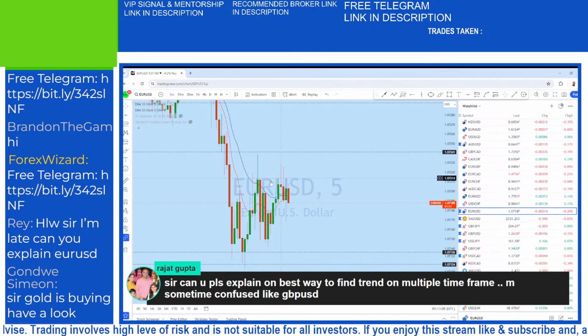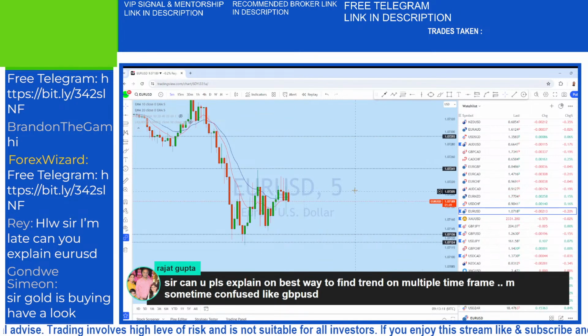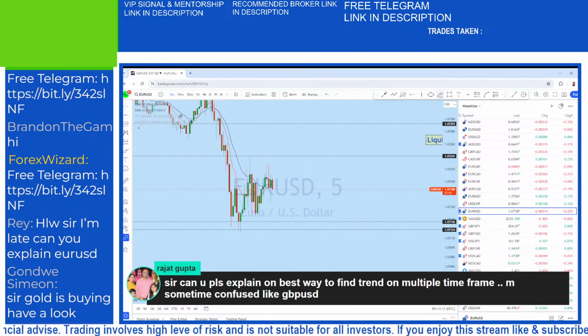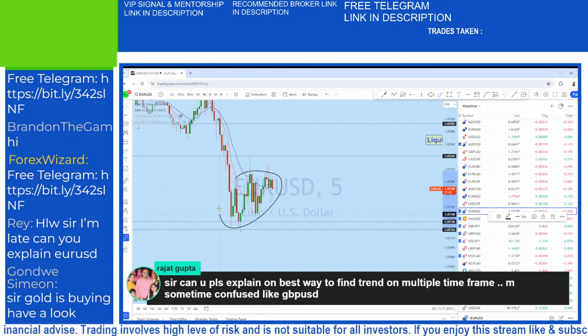Okay, so here we can see quite a few long wick candles in this area, a very small structure.